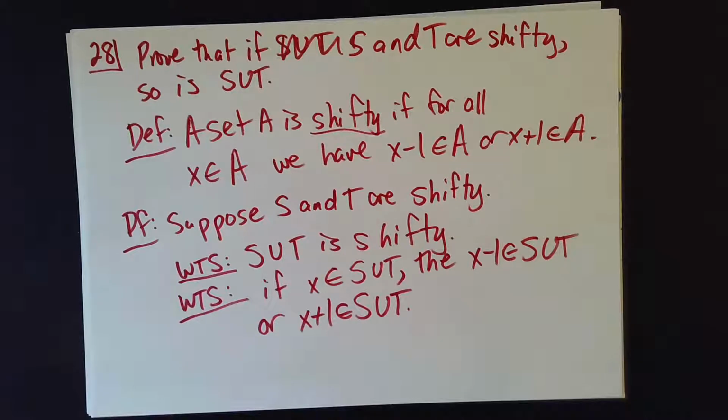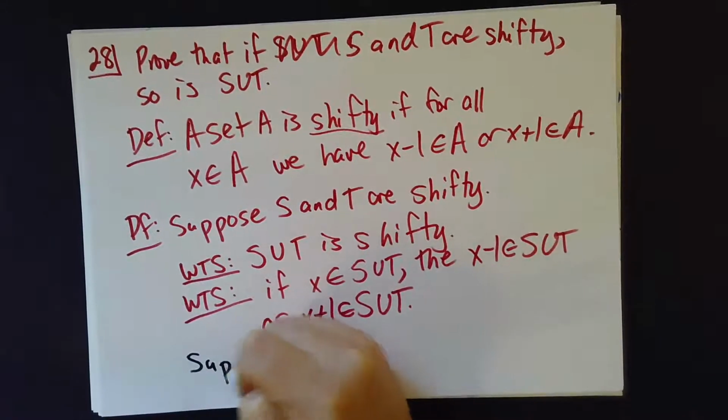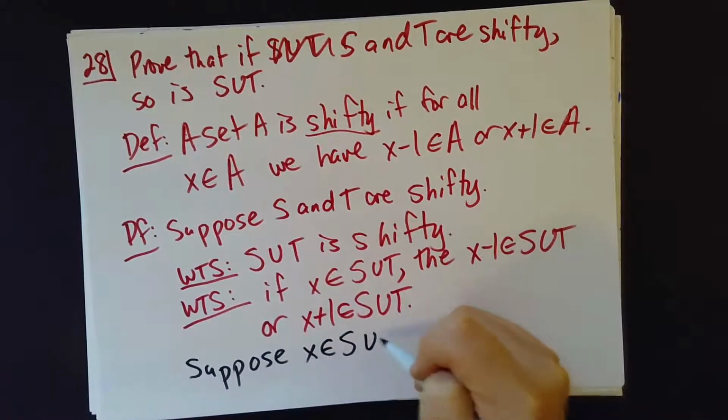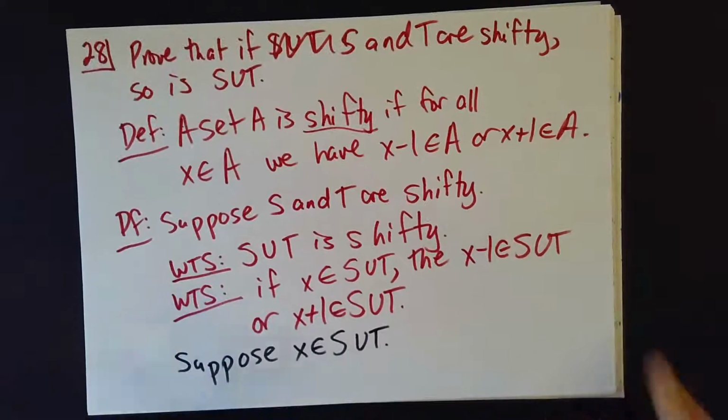So, in order to show this, I need to start by supposing x is in S union T. So, where are my cases going to come from?